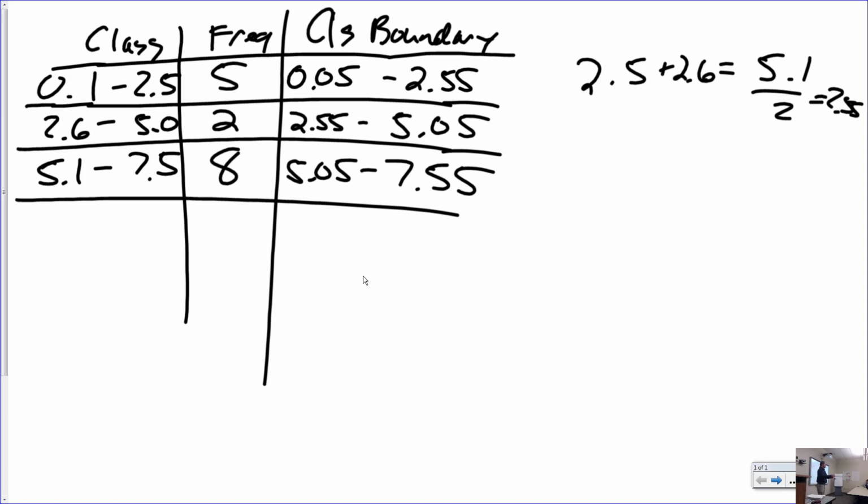See the pattern, rinse and repeat the pattern. And don't freak out. If the pattern gives you a negative number, it is perfectly okay to have a class boundary that is a negative number. Even though all of your numbers over here might be positive, if your class boundary is negative, that's fine. Nothing wrong with negative numbers. You like them, okay?